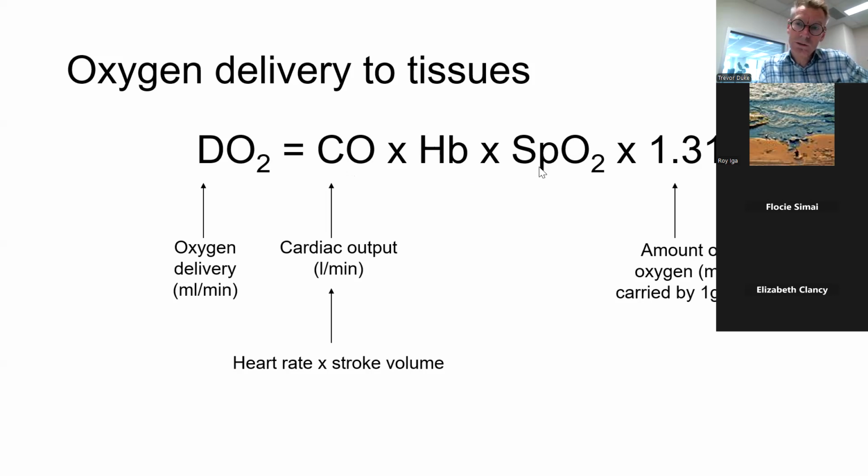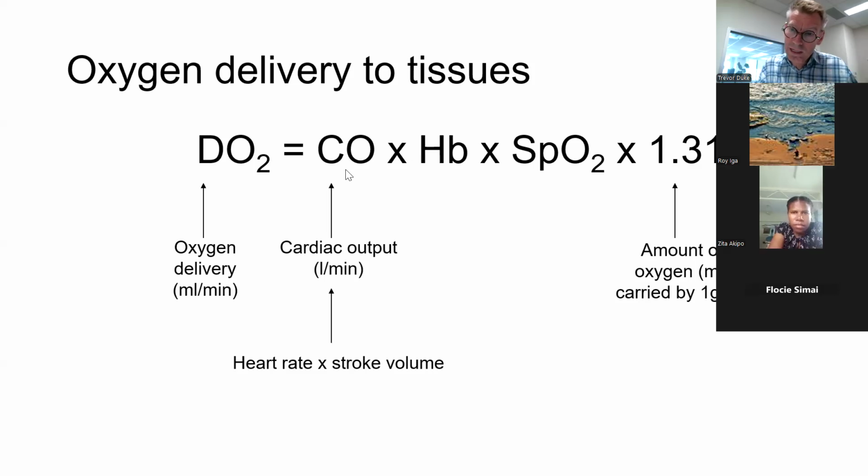A third way is increasing the oxygen saturation, the SpO2, measured by pulse oximetry, and that will improve oxygen delivery. Now, in many of our patients, the oxygen saturation is adequate because they've received oxygen. The hemoglobin is not too low, but what we can do sometimes is to optimize their cardiac output. The factor of 1.31 is the amount of oxygen carried by 1 gram of hemoglobin.